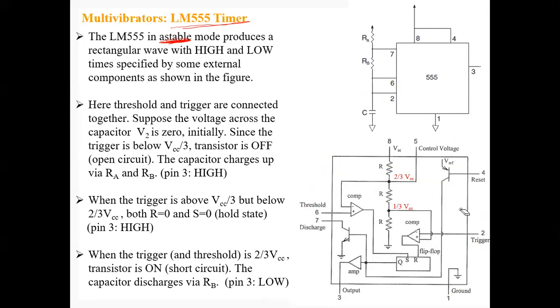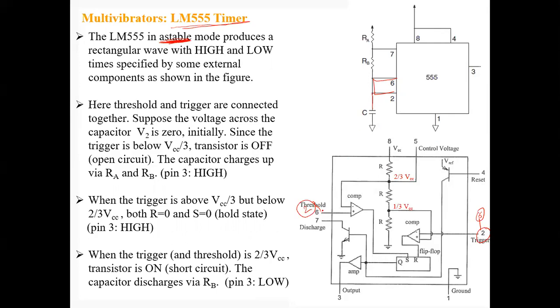So what is the connection here? Your 6 and 2 are connected. See, this 2 is connected to 6. So these two are connected. Then 6 or 2, both of them, are connected to C, the capacitor.